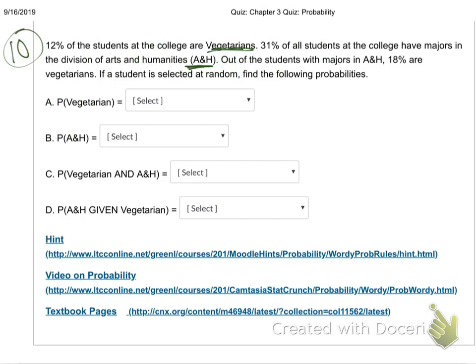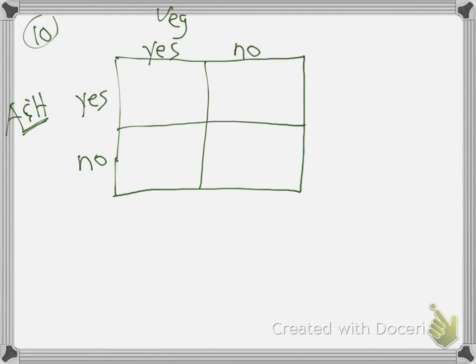All right, and let's go put the stuff in. It says 12% of the students are vegetarians. Let me write that out. This is where we want to be a little more careful. 12%, watch what the of is, of the students. That means of all the students are vegetarian. So that's the normal way they say things to us. Let me put it down here.